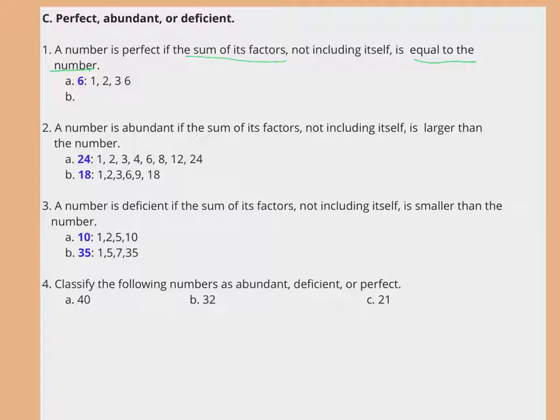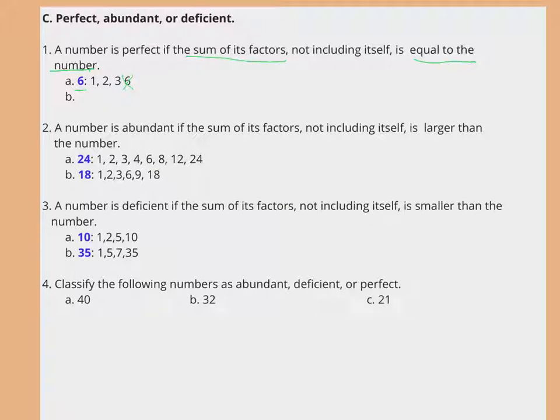So if we look at the number 6 here, we're not going to include 6, but if we look at the factors of 6, 1 times 6, 2 times 3, and we add up the factors that aren't the number, 1 plus 2 plus 3, we see that that sum is 6. So 6 is a perfect number.